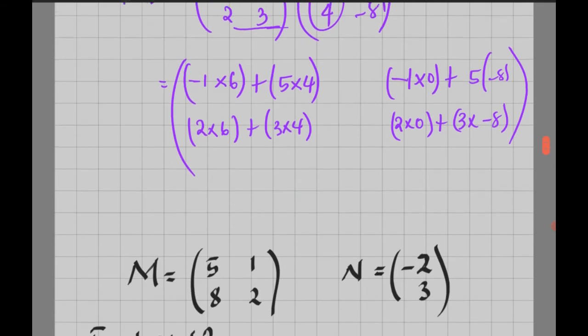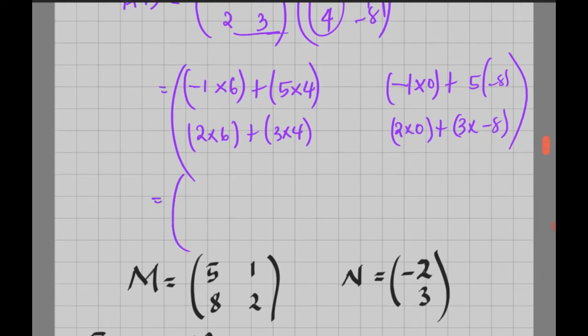So let's find the product. So minus 1 times 6 is minus 6. And 5 times 4 is 20. And 2 by 6 is 12. Plus 3 by 4 is 12. Then we move on to minus 1 times 0. It's 0. Plus 5 times minus 8 is minus 40.